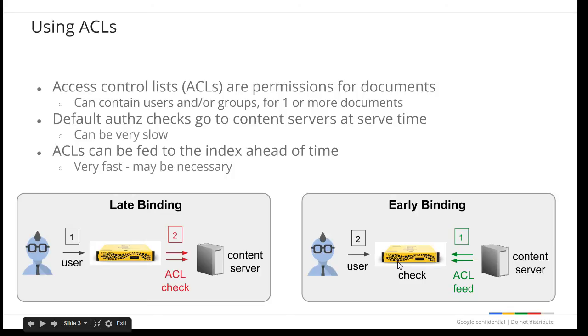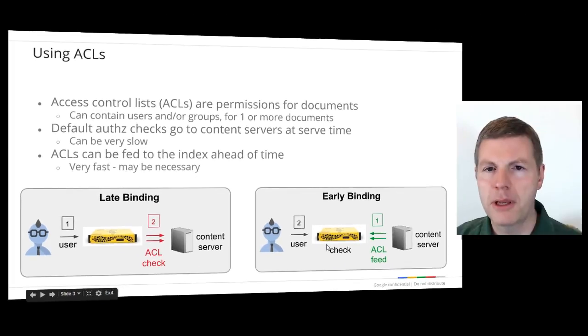It will have received those permissions prior to serve time from the content server. A mechanism called a feed will push that data from the content server to the GSA. So the GSA will already have that information written down. It'll be able to look it up and immediately know which documents you're allowed to see.